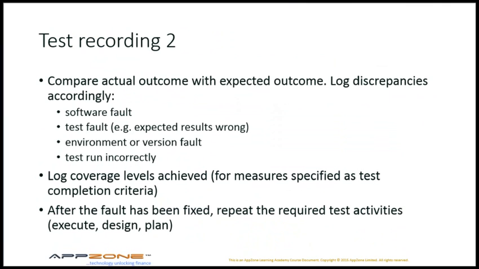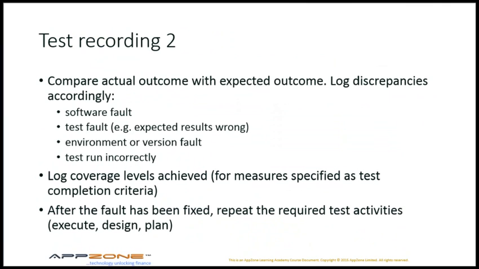So you log discrepancies accordingly. It could be a software fault, a test fault where the expected result is wrong, an environment or version fault, or the test was run incorrectly. You also log coverage levels achieved for measures specified as test completion criteria.